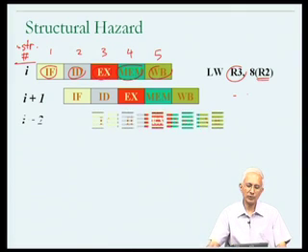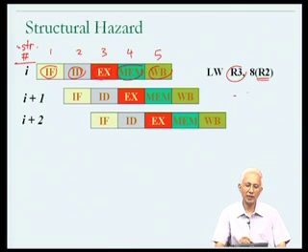In fact, let us suppose that the instruction following it, instruction I plus 2, is also one we are not too concerned about. So, we have a situation where the load word instruction was executing between cycles 1 and 5. The instruction that follows it was from cycles 2 to 6. The instruction that follows that was from cycles 3 to 7, and so on.